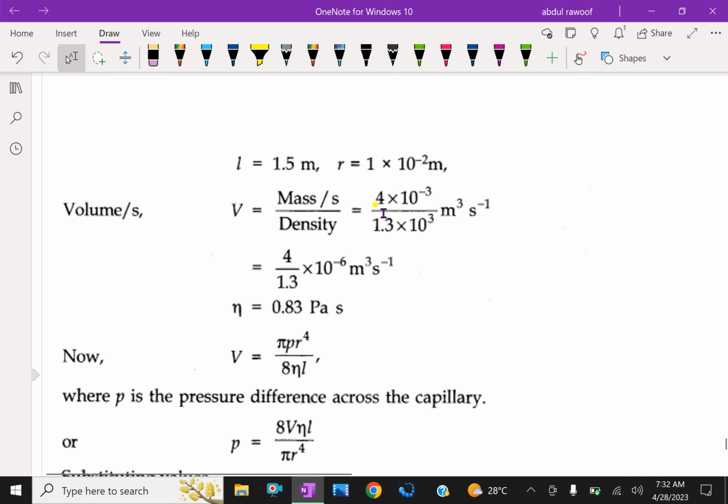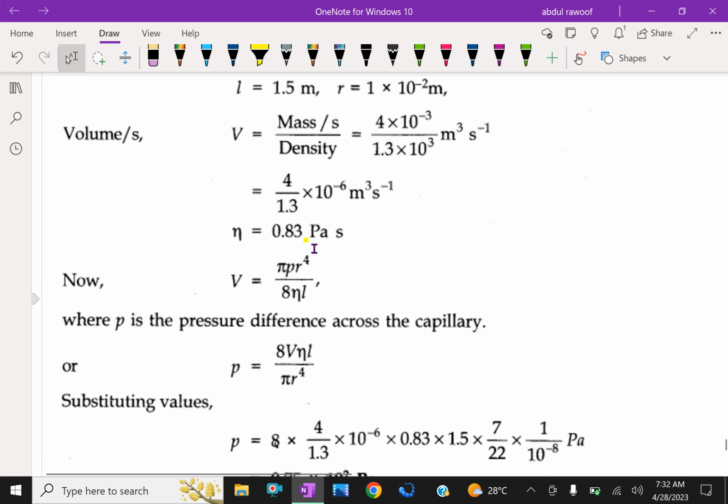Mass flowing through the tube is 4 into 10 power minus 3, over density 1.3 into 10 power 3, meter cube per second, which is 4 divided by 1.3 into 10 power minus 6 meter cube per second.